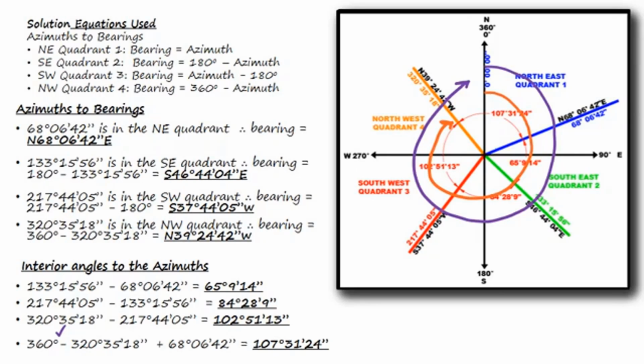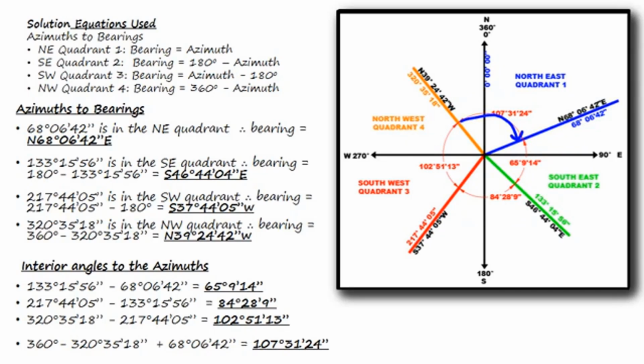That means what we need to do is calculate this little bit here and add it to this little bit here, these interior angles. We know that angle is 68. So what we're going to do is take the 360 minus the 320, and add the 68. So this angle ends up being 107 degrees, 31 minutes and 24 seconds.